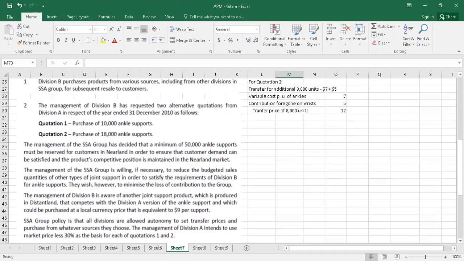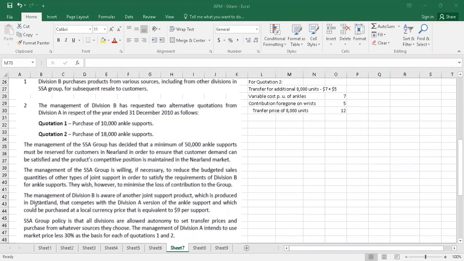I have moved the slide to a particular thing. Look into the content which is present there on the screen, not the calculation. You just have to read through this and then come to a conclusion. The first paragraph talks about providing 50,000 units to the customers in the nearby land. SSA is willing to reduce the price, so the adjusted market price is 10.5.